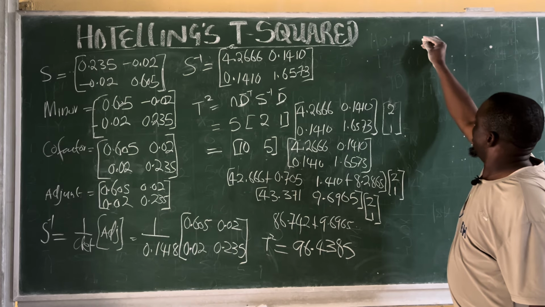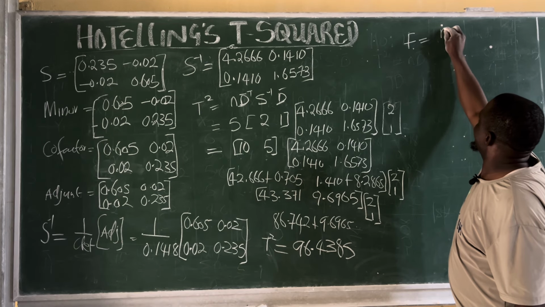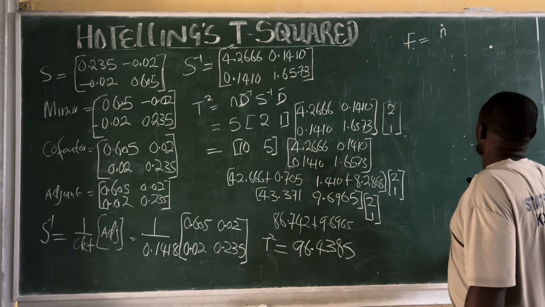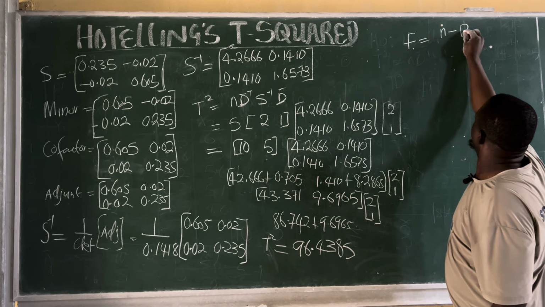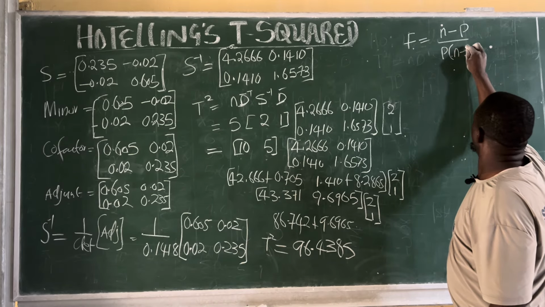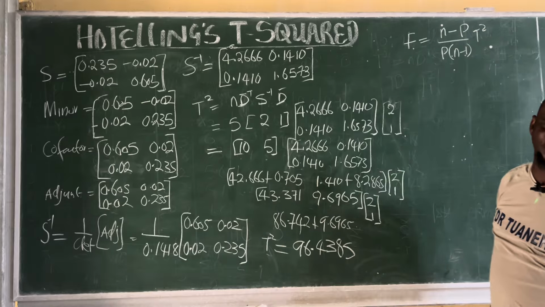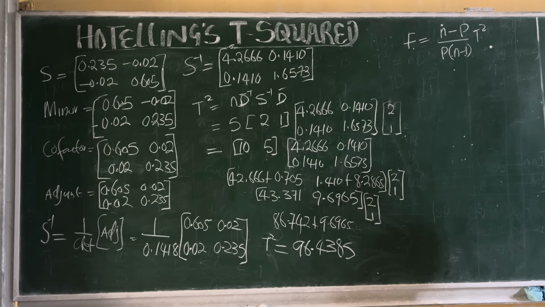So now F is given as n minus p all over p into n minus 1 then times T squared. It's just like a conversion, so to speak.